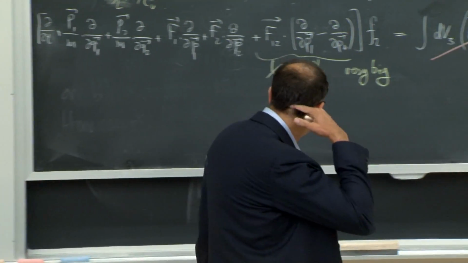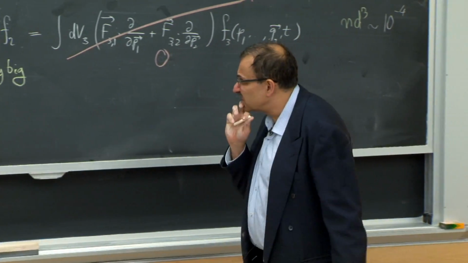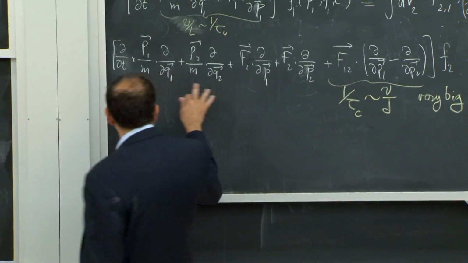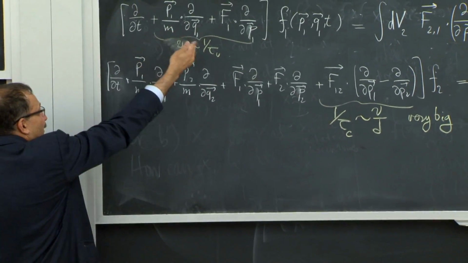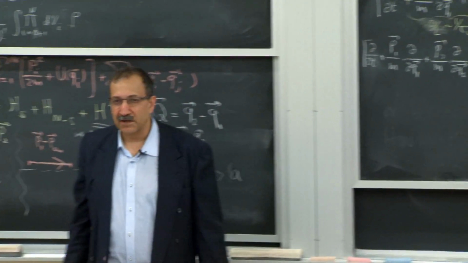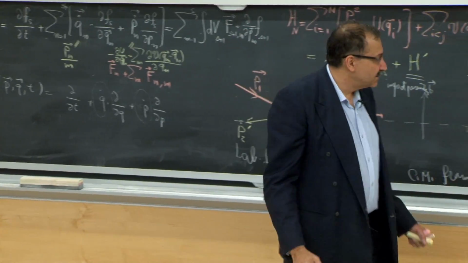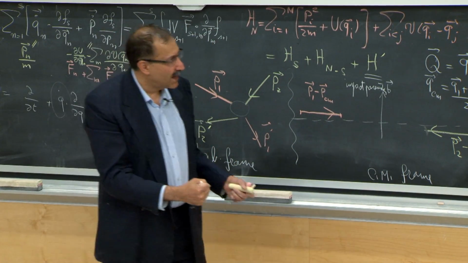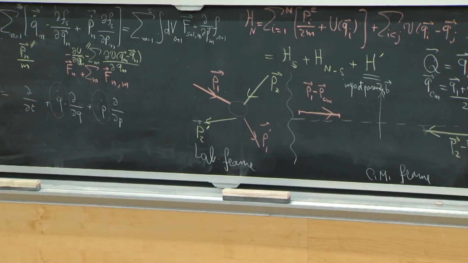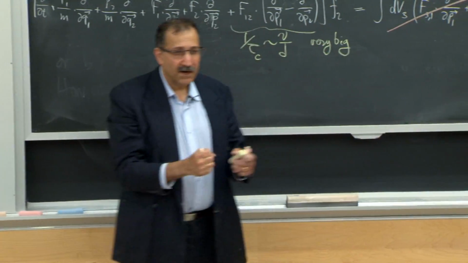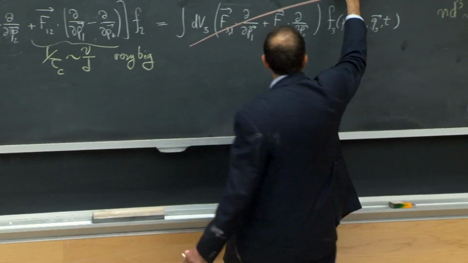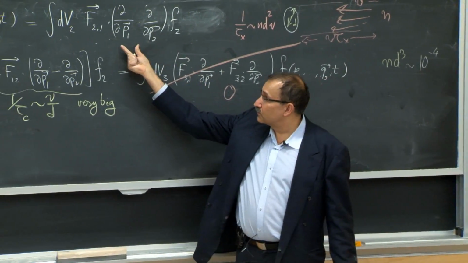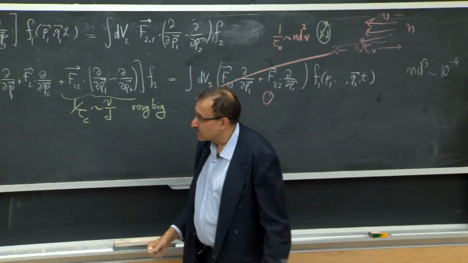Okay? Now, why is that going to be relevant to us? Well, again, we said that there are parts of this expression that are of the order of this term. They're not that important. And if I think about the collision and what the collision does, essentially I will have forces that are significant when I am within this range of interactions D. So I really have to look at what happens when the two things come close to each other.